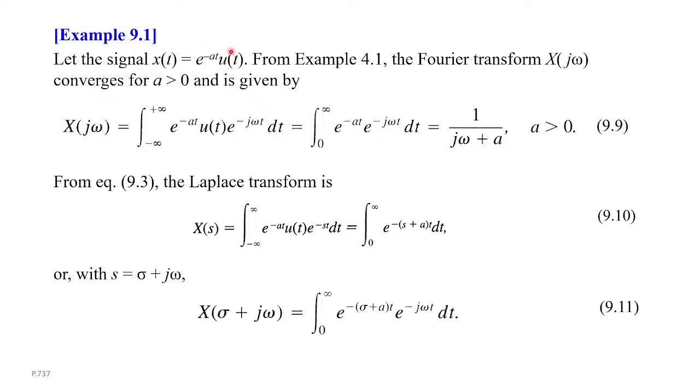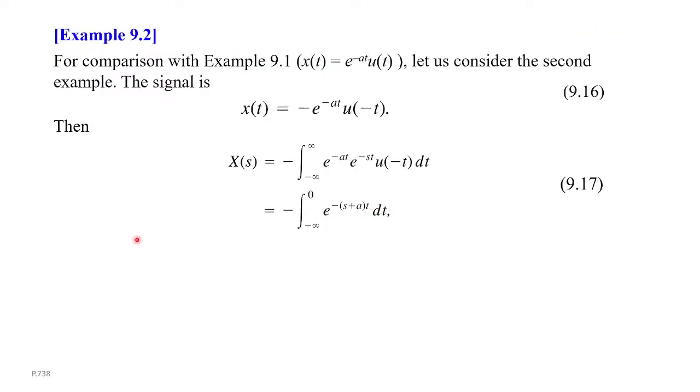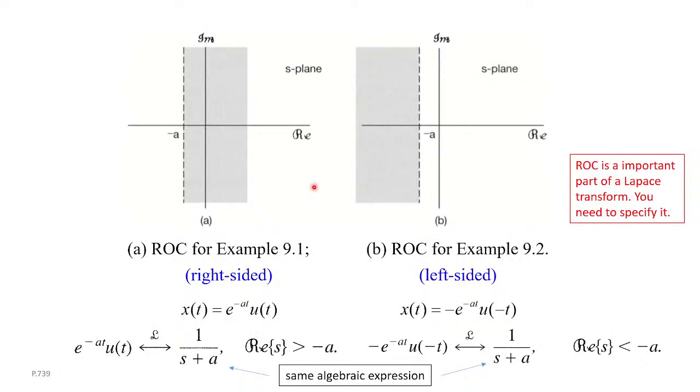For example, if the signal is a decaying exponential, then we found that it only converges when the real part of s is bigger than minus a. If you have a decaying exponential in the other direction, decaying in negative time, then you will have a region of convergence that is less than negative a.